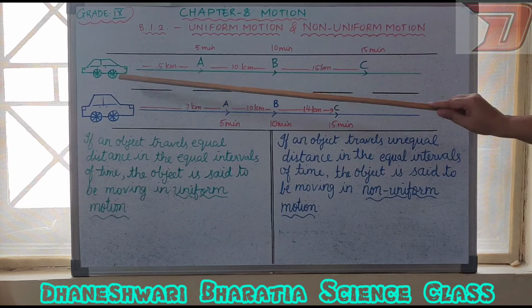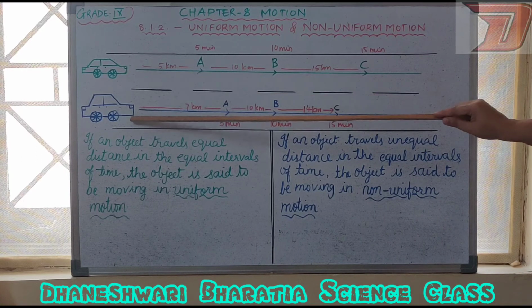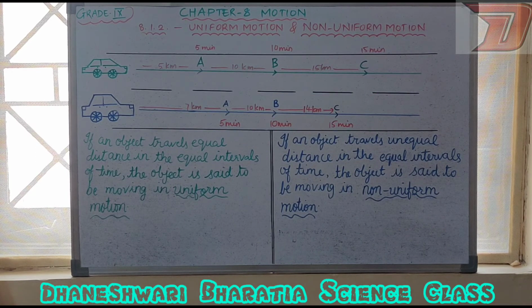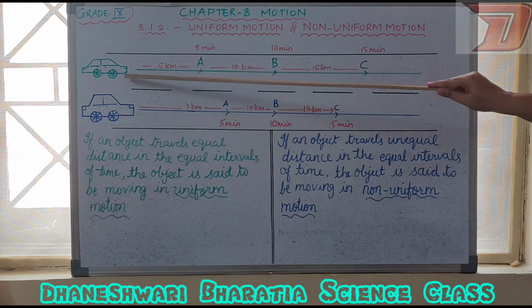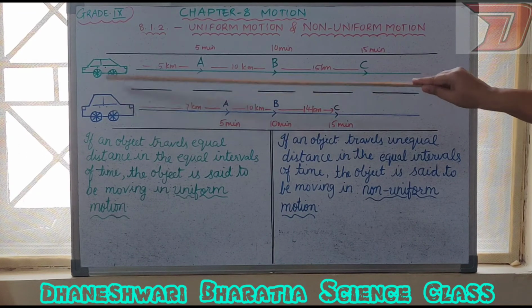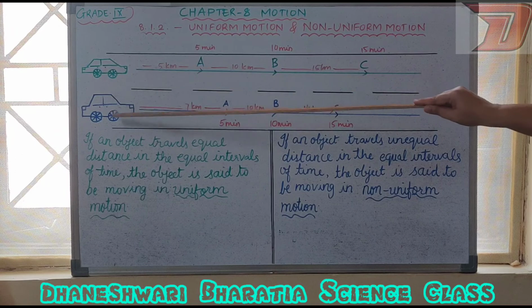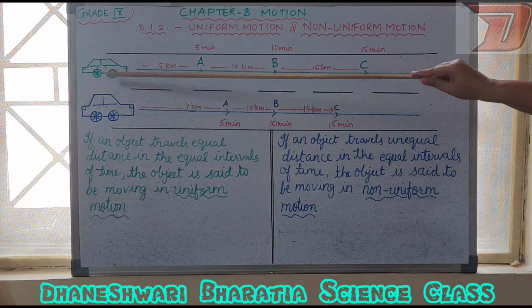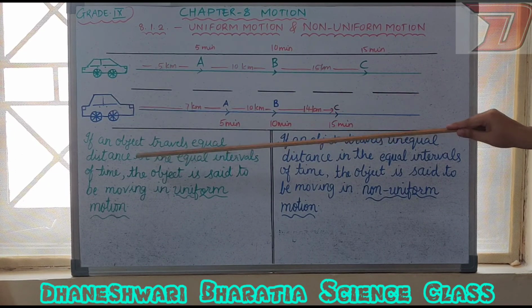Now let's have one example that two cars are moving on a road, right? This is the origin for both the cars. From here they both have started, isn't it? So here they are at 0. Fine.